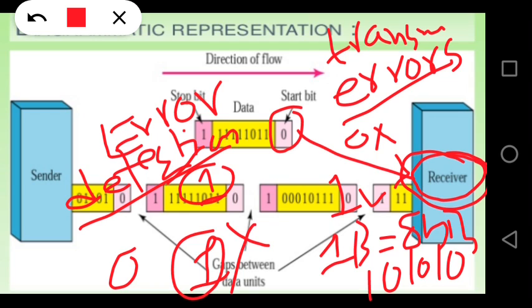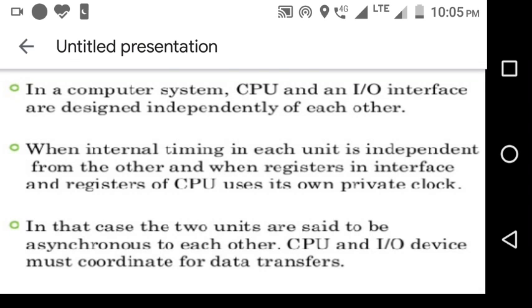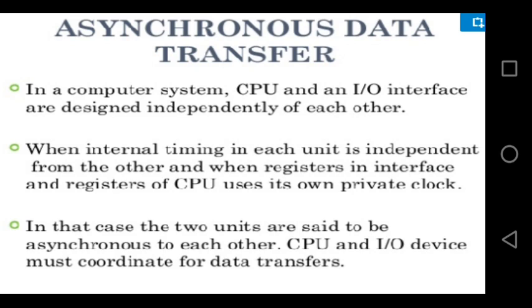But even if there is no damage in the wire, a transmission error can happen, that is, instead of receiving 0, the receiver might have received 1. Transmission errors can be handled. So we discussed different techniques in asynchronous data transfer.